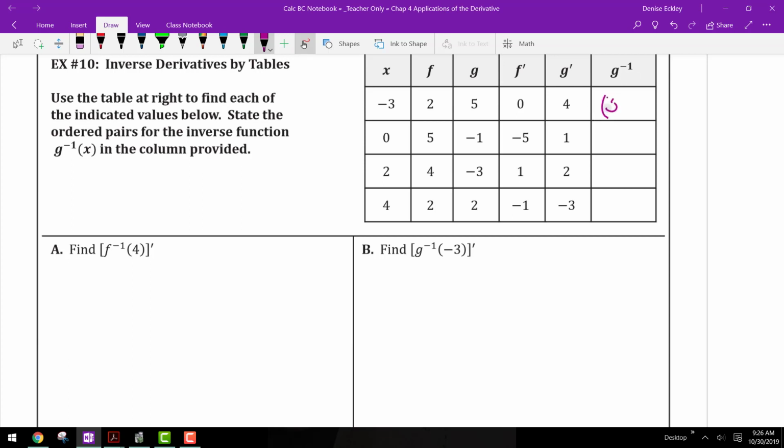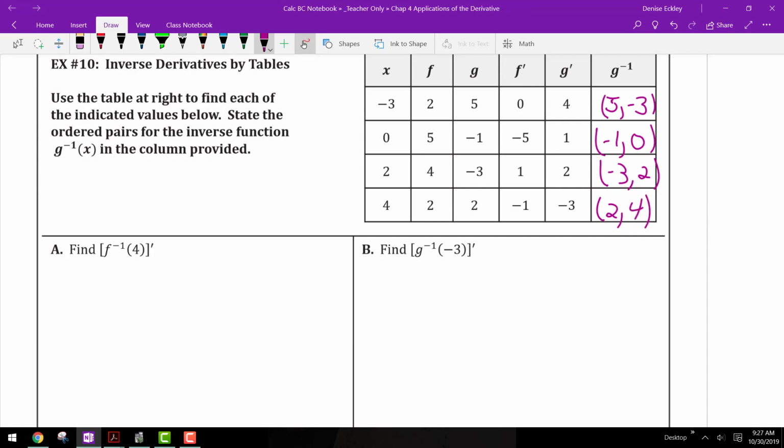So this is going to be 5, negative 3. The next point is negative 1, 0. The third point is negative 3, 2. And the last point is 2, 4, because we're going to need those as we go.